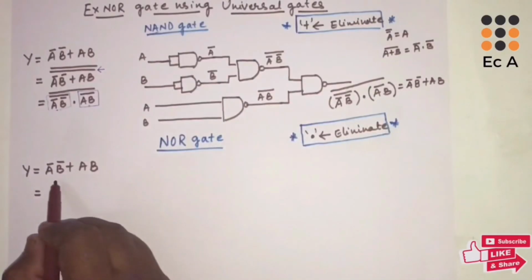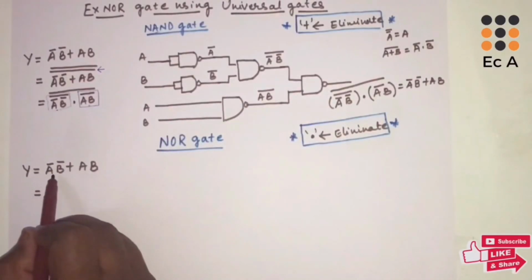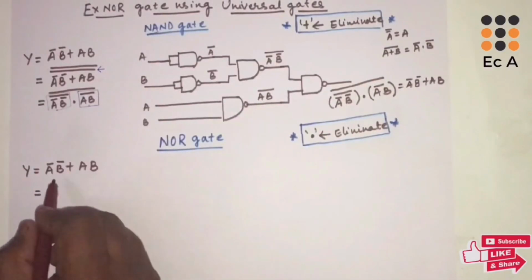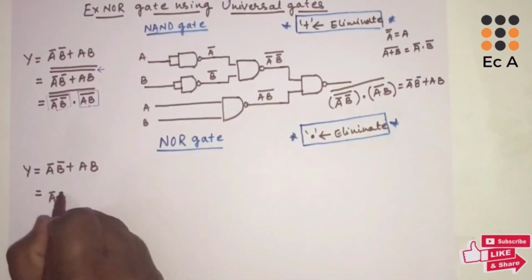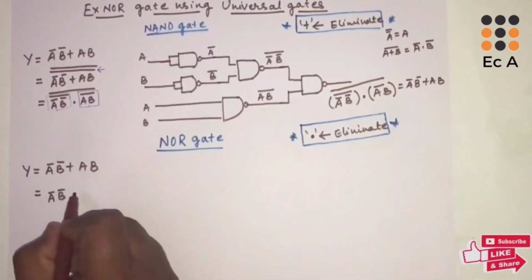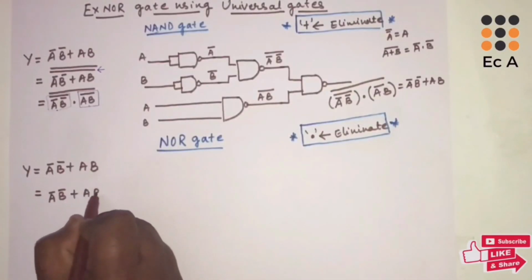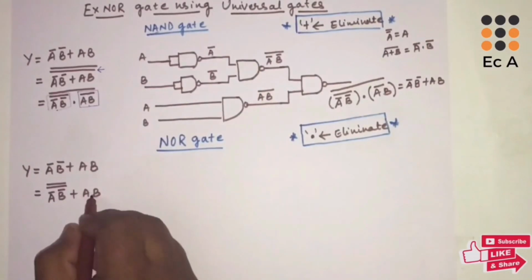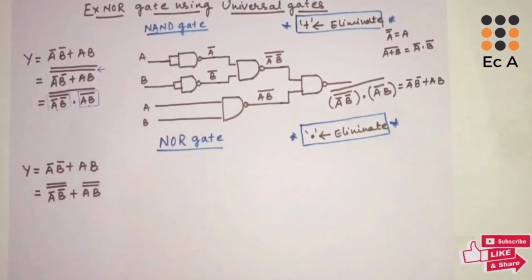In this expression, we have an AND operation between A bar B bar, and an AND operation between A B. So we write the expression A bar B bar plus A B, and apply individual bars so that we eliminate the AND function. This will not change the above expression.